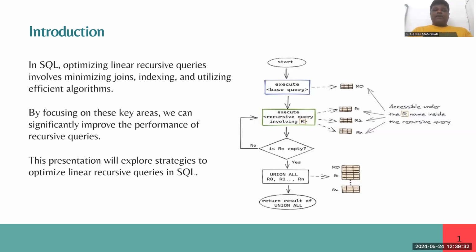If it's no, then it goes back to the previous block. If it's yes, then it does the union operation on all the R's, between R0, R1, and Rn. After doing this, the result is stored in an end block, and it's displayed as the output. This is how recursive queries work in SQL.